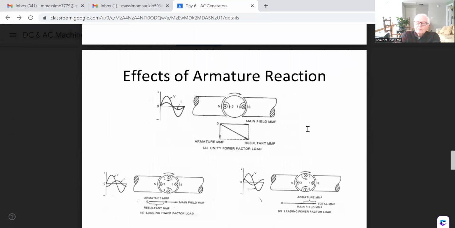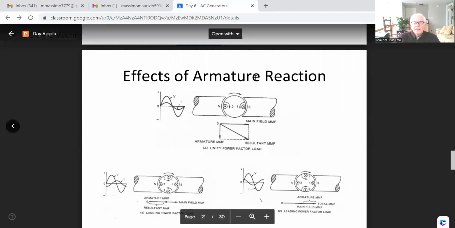We're still going to get some armature reaction. The armature reaction, though, is going to be a more complicated situation because we're no longer using DC. We've got some AC building up in the stator, and so the reaction is very different.